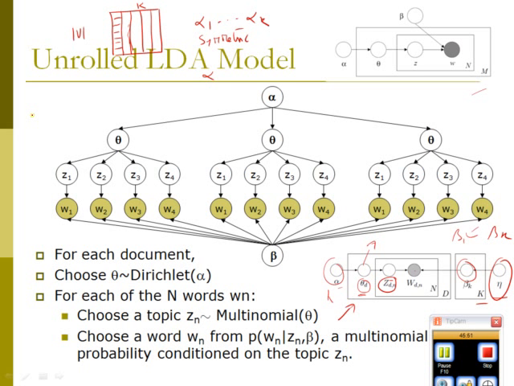Of course, in this particular case, the other thing is the number of topics. I did not tell you how many topics there are. I started by saying, suppose there are 3 documents, each document has 4 words. This is the picture. I didn't say how many topics. That is basically the dimensionality of theta.